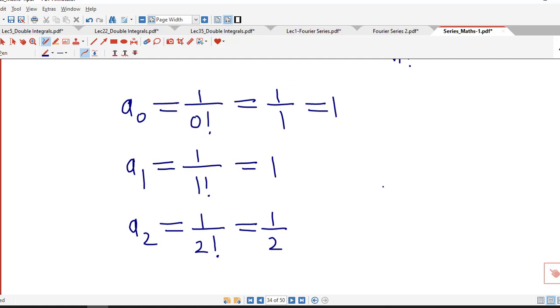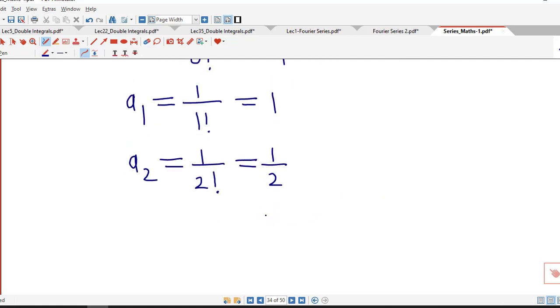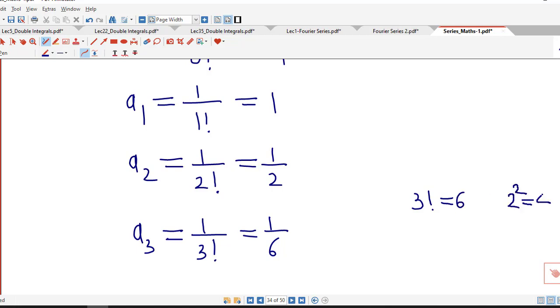We write down one more step. a3 is 1 by 3 factorial, and this is equal to 1 by 6. So if we consider 3 factorial, then 3 factorial is 6, and if we consider 2 square, that is 4. So 3 factorial is bigger than 2 raised to 2, that is 4. That means 1 over 3 factorial is less than 1 by 2 square.